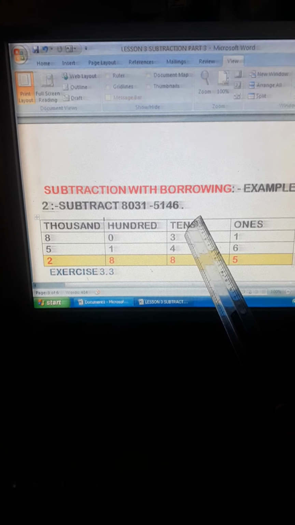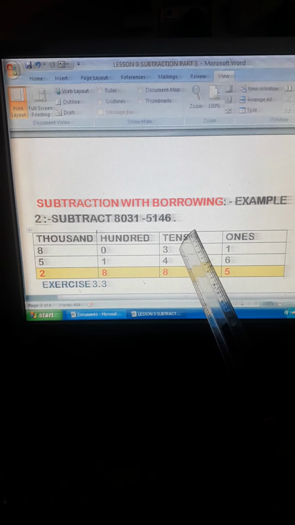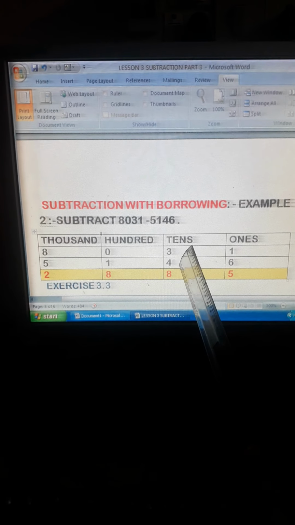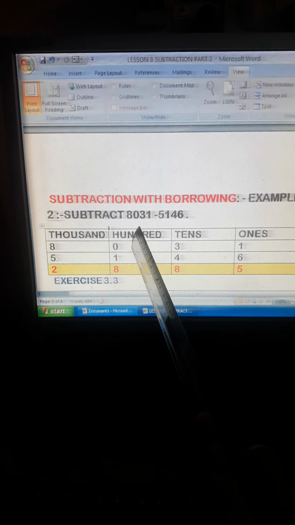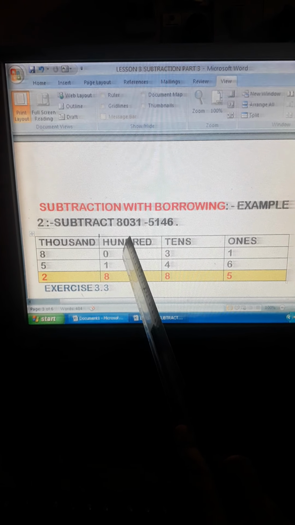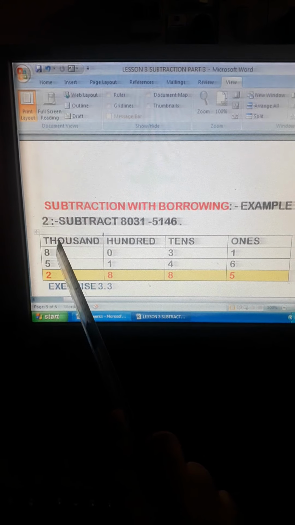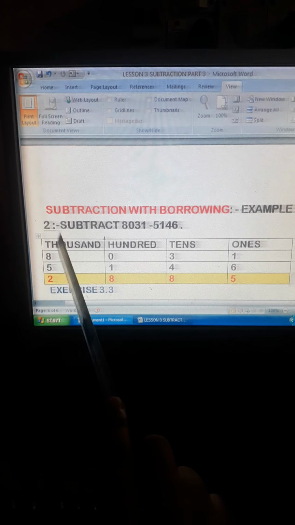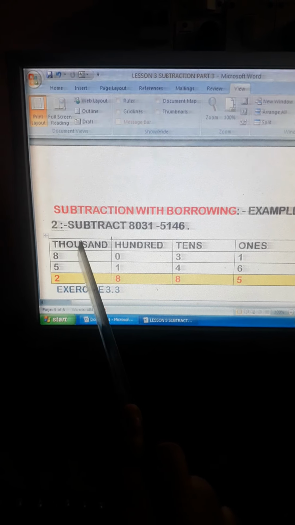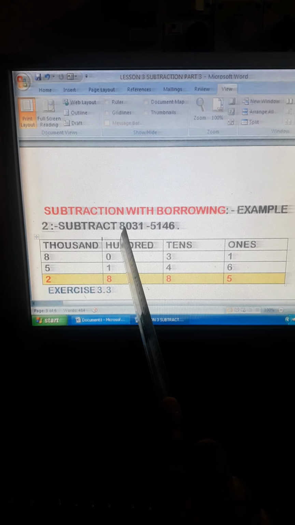Here 2 is there. Then from 2, 4 cannot be subtracted. So we will borrow from the next digit. But the next digit is 0. So we will borrow from this number. When we are borrowing from this number it becomes 7, and any number passes over 0, it becomes 9.